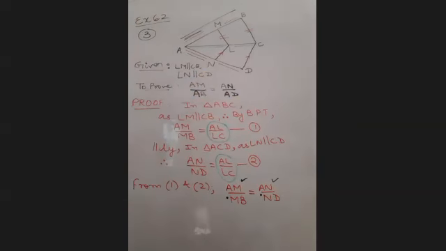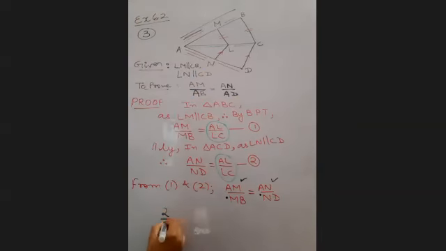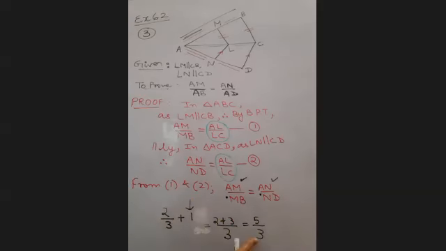First understand this. Suppose you have a number 2 by 3, and you add 1 to it. What is the LCM? 3. So it will be 2 plus 3 upon 3. In the entire process, which thing remains the same, the numerator or the denominator?